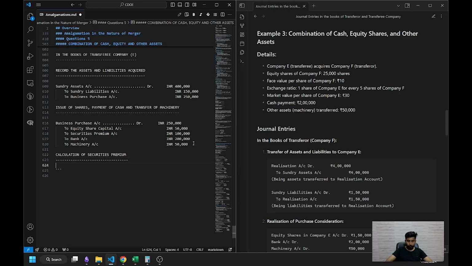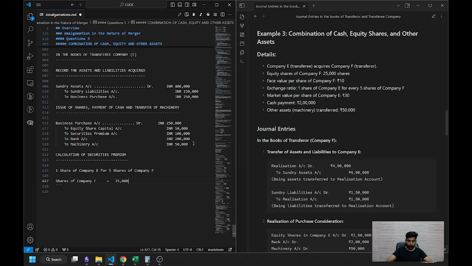What do we have? We got that one share of company E for 5 shares of company F. Shares of company F are 25,000.